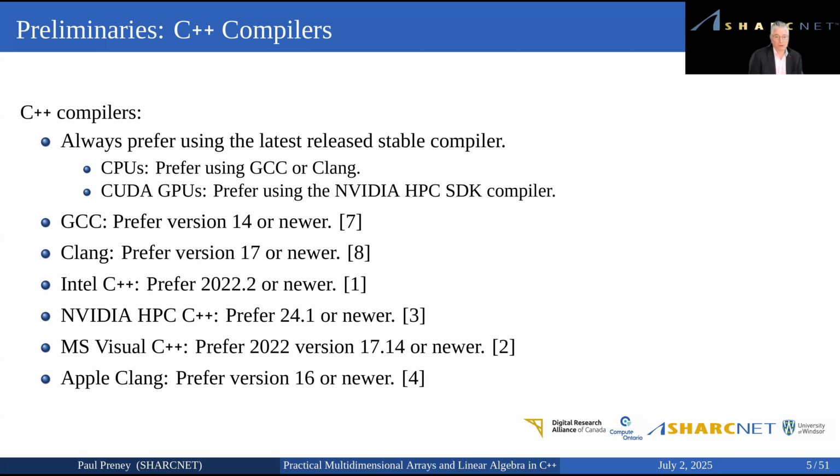But regardless, try using the latest stable compiler that's released. For GCC, prefer version 14 or later, and Clang version 17 or newer, for using multidimensional arrays and linear algebra stuff. Basically, it's been released in the last couple years. Use it. I should mention Apple, which uses Clang, but they do their own Clang version. So version 16 or newer if you're using Apple's Xcode.